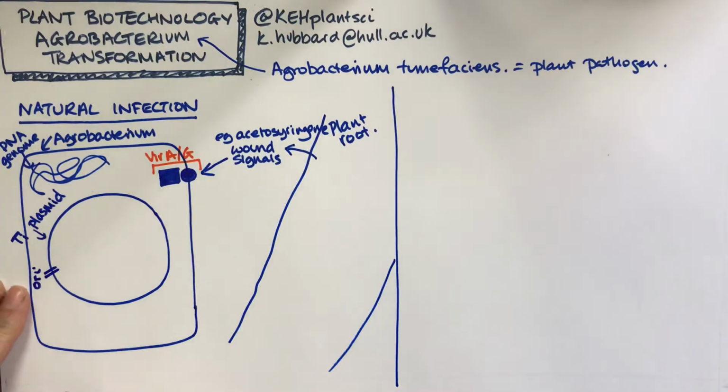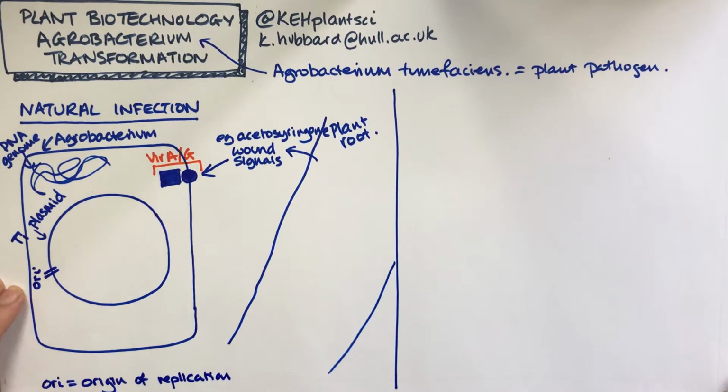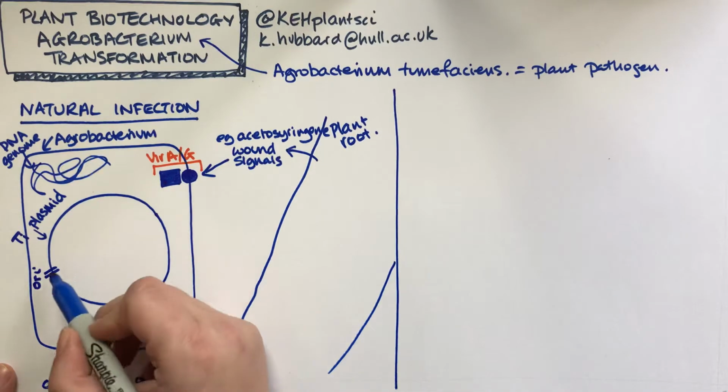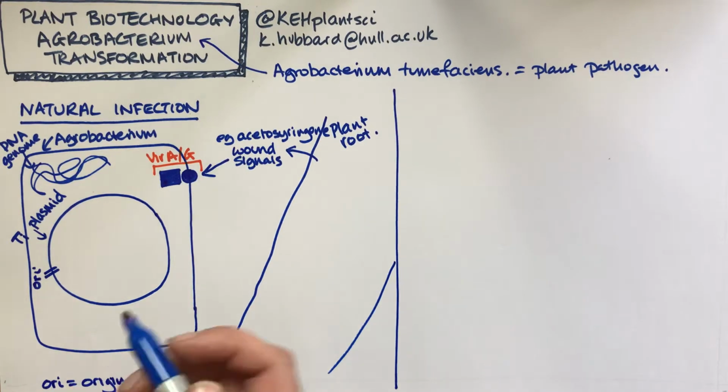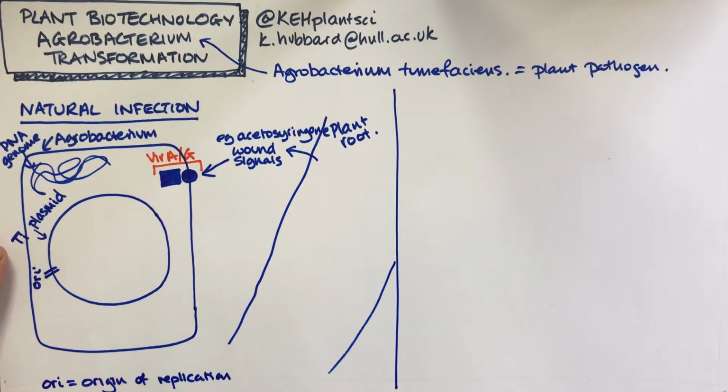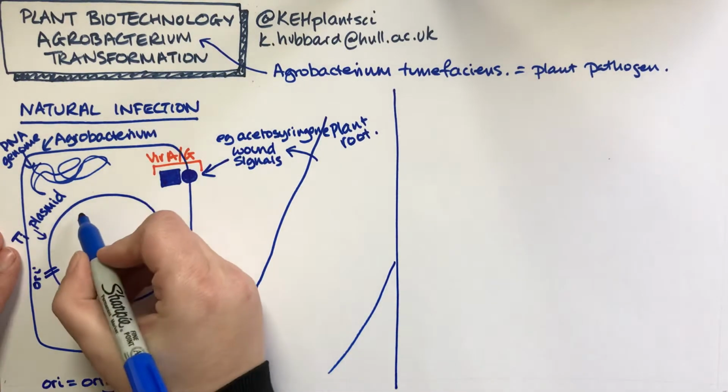ORI equals origin of replication. That's a particular sequence in the plasmid that means that DNA polymerases can recognise it, so we can make new copies of the plasmid. You have to have an ORI in there in order for the plasmid to be able to replicate.